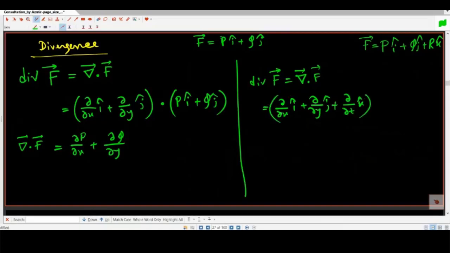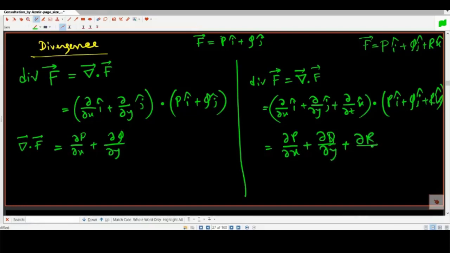This time we have to take del as this one because f is a vector field of three variables, dot pi plus qj plus rk. So finally we have dp/dx plus dq/dy plus dr/dz. This is divergence of f.